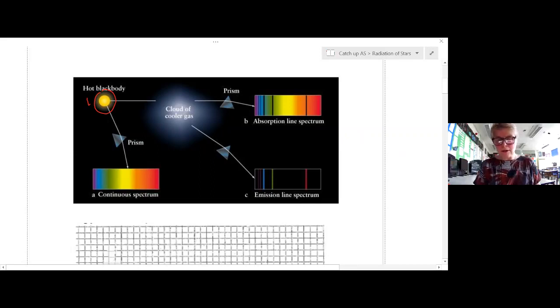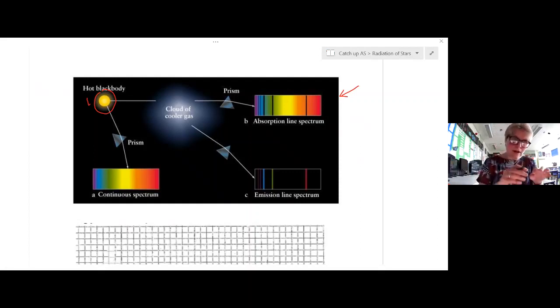And what we get are the black lines on a rainbow background. This is the one that we are interested in, because this gives us information about what elements are in the tenuous atmosphere around the star that we're receiving the white light from.